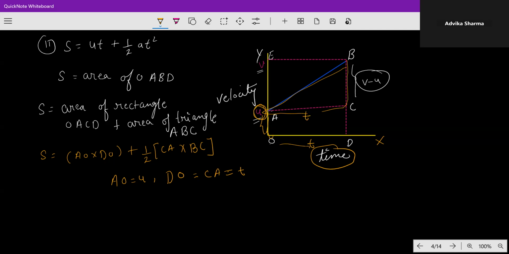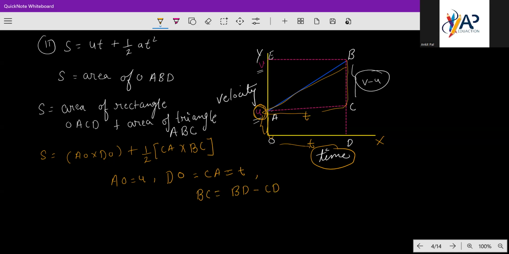Then if we calculate BC, we can say BC is equal to BD minus CD.